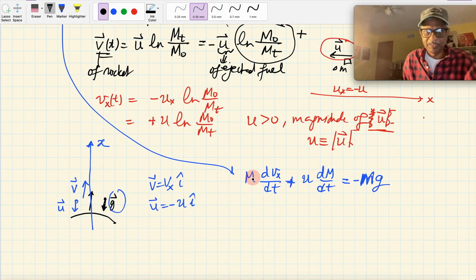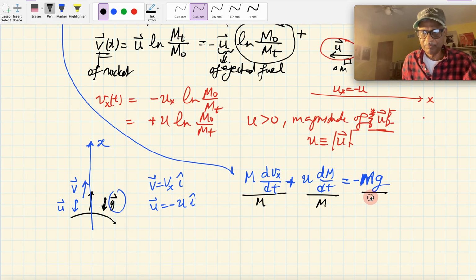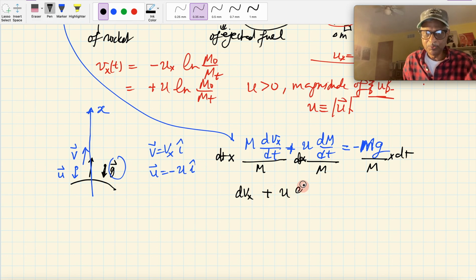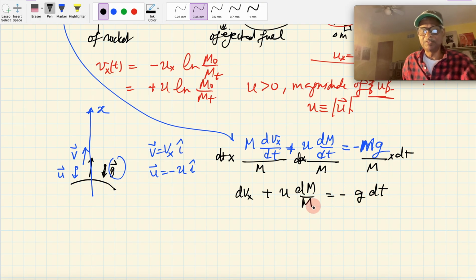All right, so we can just divide everything by m, and multiply everything by dt. So what we're going to get is dVx from here is going to be u dm over m, and this is going to be minus g dt.